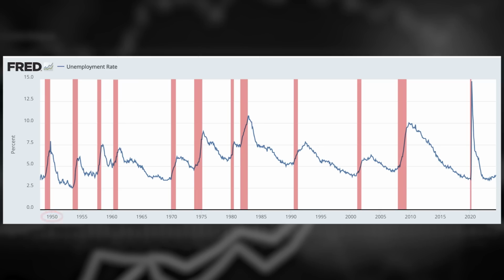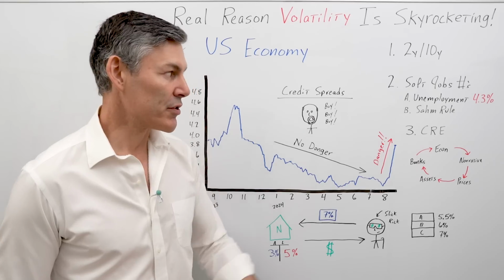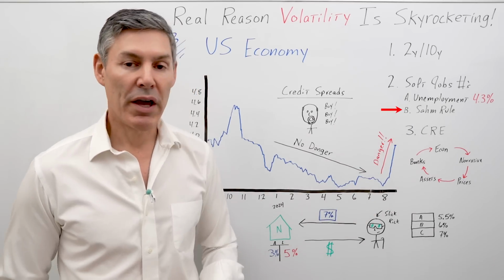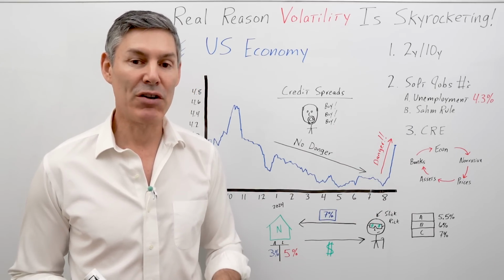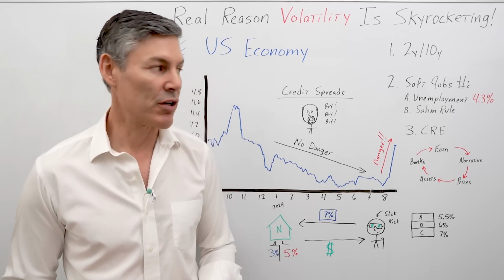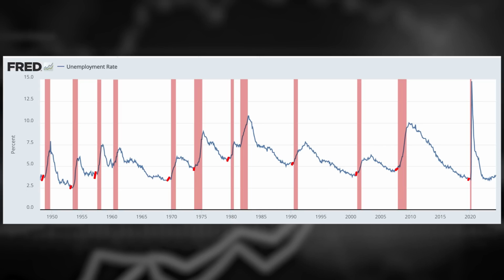And it's basically when we see a 3-month moving average of the unemployment rate go up by 50 basis points from its trailing 12-month low, this triggers the SOM rule. And again, every time going back to the 1950s, we have been in or very near a recession when this line in the unemployment sand is crossed.